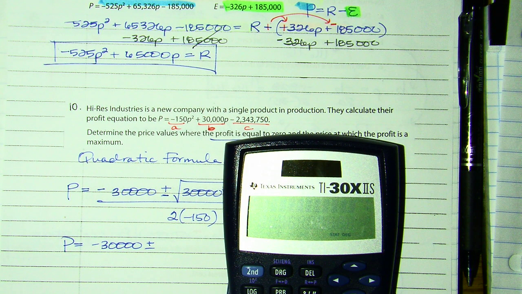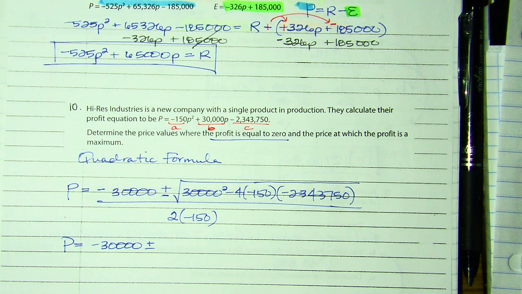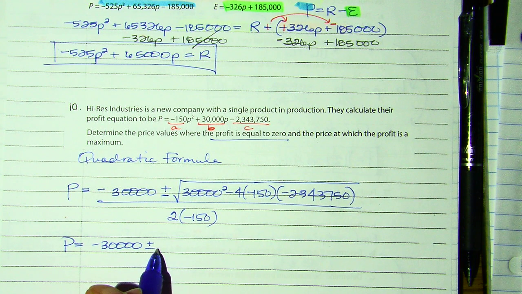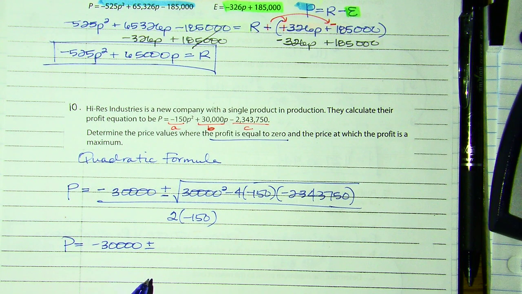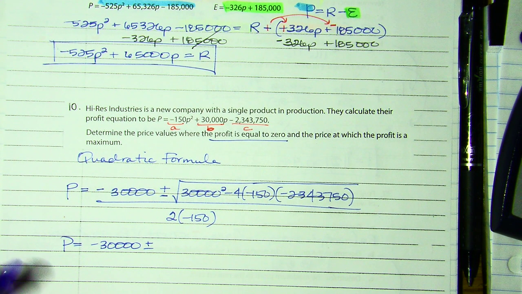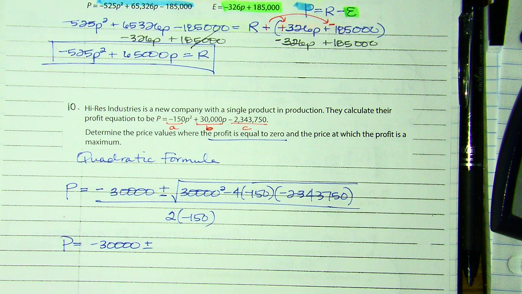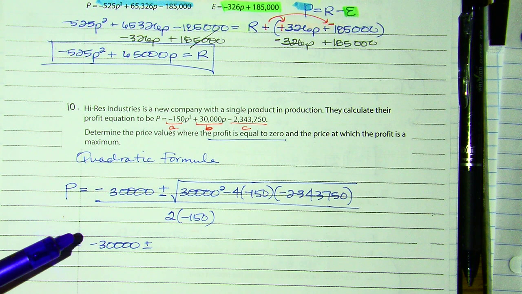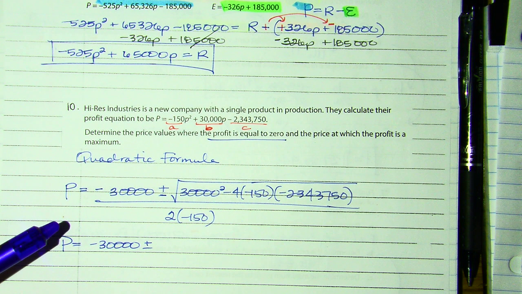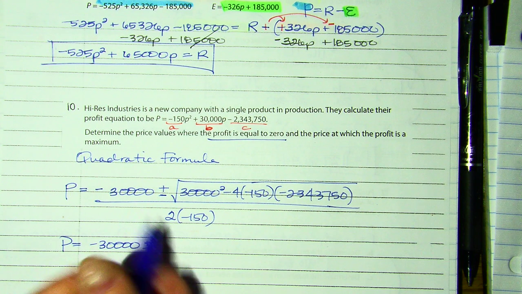Maybe because the number is too big? I don't know what's going on. Oh, because you get a negative number. Sorry. Let me do this in parts.